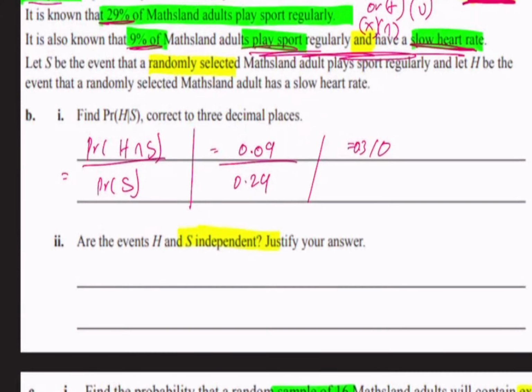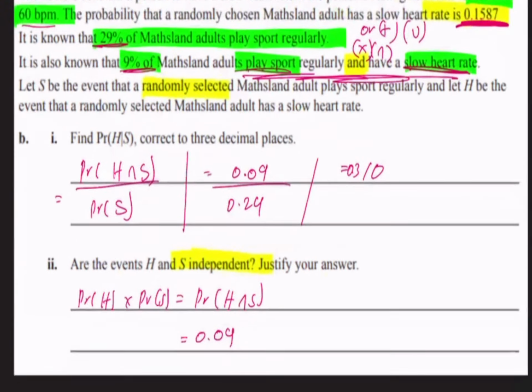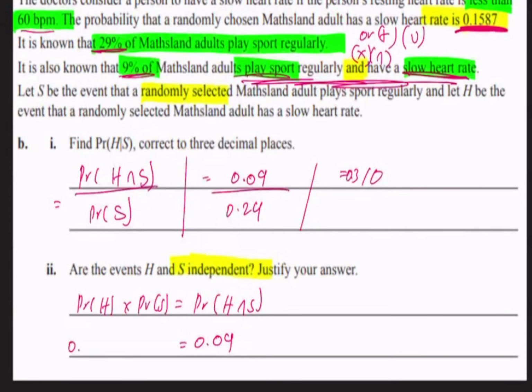We know if they're independent, then probability of H times probability of S equals probability of H intersection S. In this case, H intersection S is 0.09, and probability of H times probability of S is 0.1587 times 0.29.